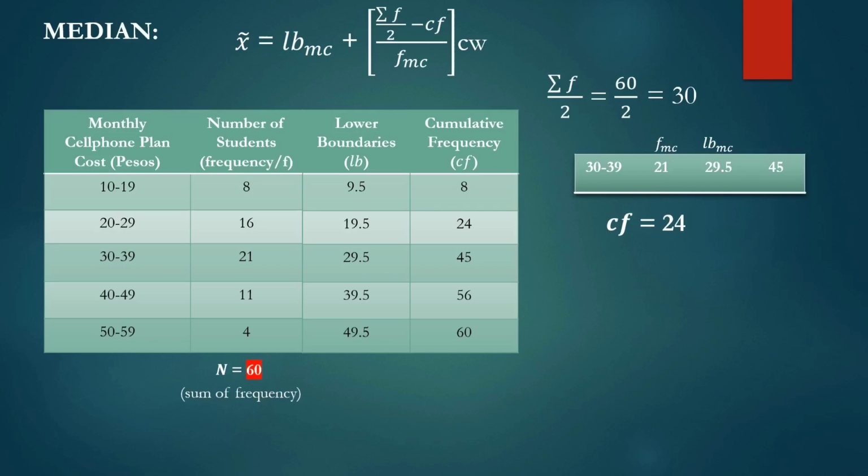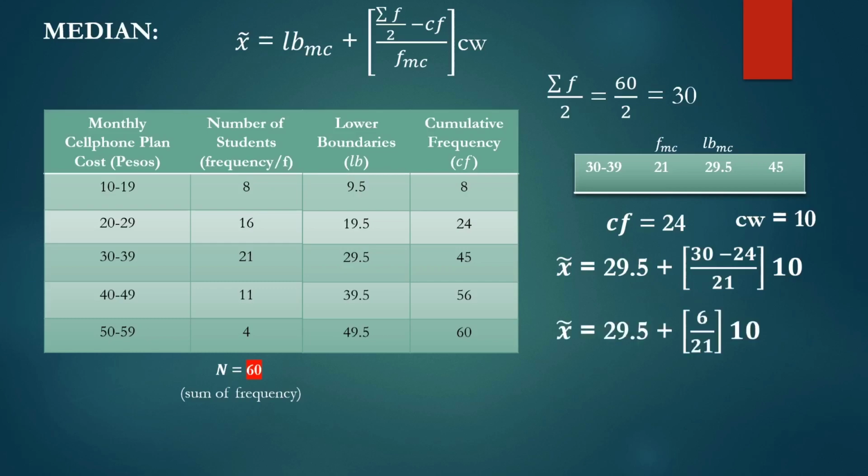Next, the class width. The class of the monthly cell phone plan cost is 30 to 39. Count it from 30 till 39 and that is 10. So our class width is 10. The given is complete, so let's substitute. 29.5 plus 30 minus 24 divided by 21 times 10. Let's subtract first. 30 minus 24 is 6.